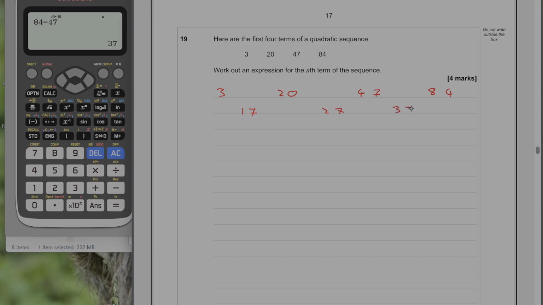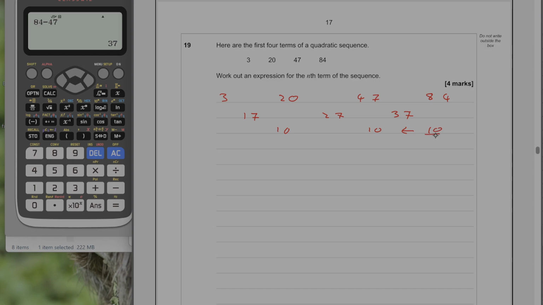So we've got a constant difference here of 10, 10, and 10. So that means that our second difference must be 10 over 2 n squared. So we're going to have 5n squared.